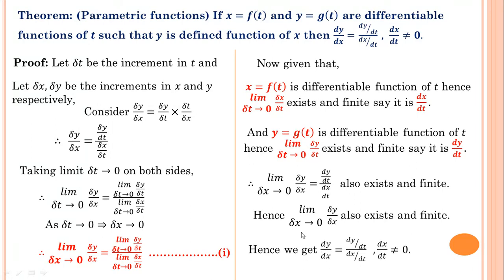As we get the existence of this limit, say it is dy by dx, and hence we get dy by dx is equal to dy by dt upon dx by dt, where dx by dt is not equal to 0. Hence the derivative of y with respect to x is equal to dy by dt upon dx by dt.